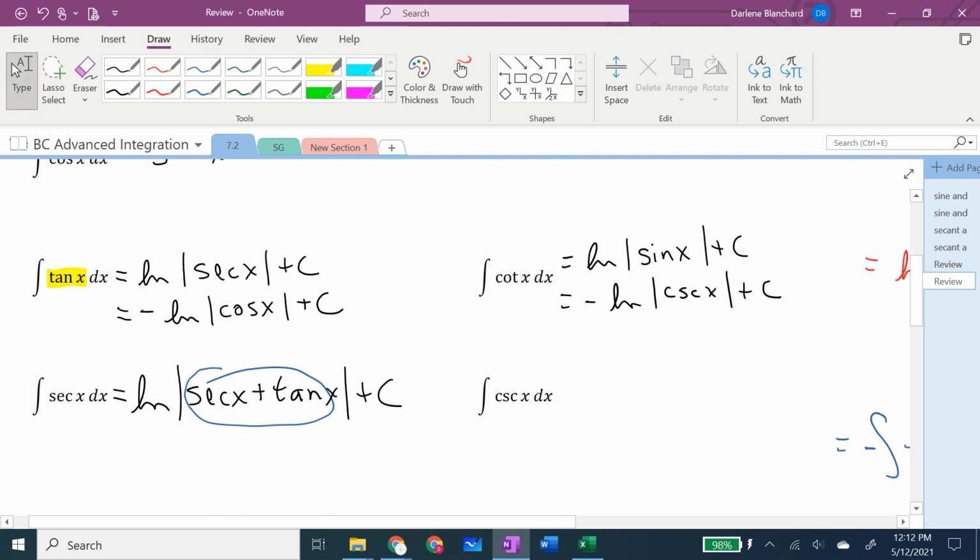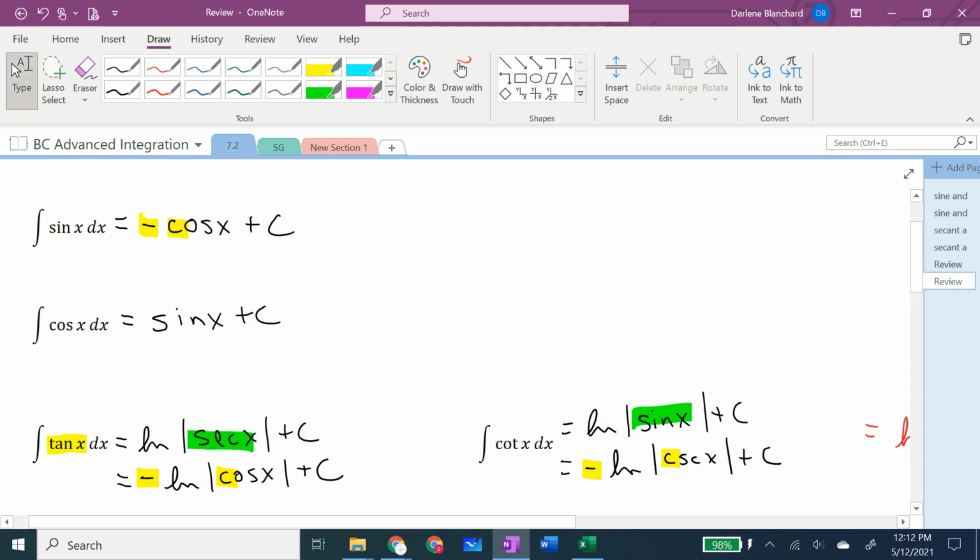If I go with certain versions, if the answer to my integral involves a co, it's negative. And notice that non-co, no negative.